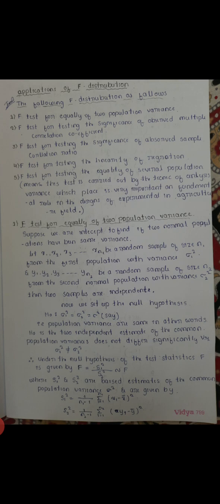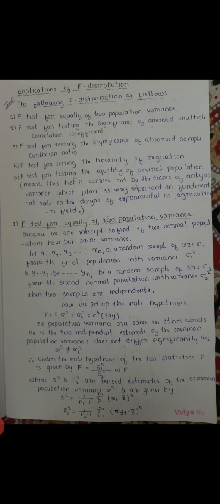Let x1, x2, and so on up to xn1 be a random sample of size n1 from the first population with variance sigma 1 square, and y1, y2, and so on up to yn2 be a random sample of size n2 from the second normal population with variance sigma 2 square. Then the two samples are independent. Now we set up the null hypothesis H naught such that sigma 1 square is equal to sigma 2 square, that is equal to sigma square, say, that is, the population variances are the same.